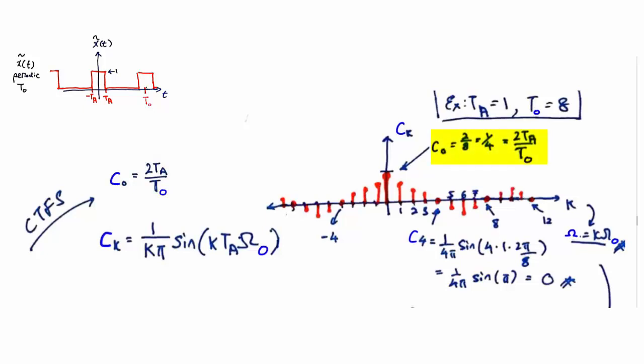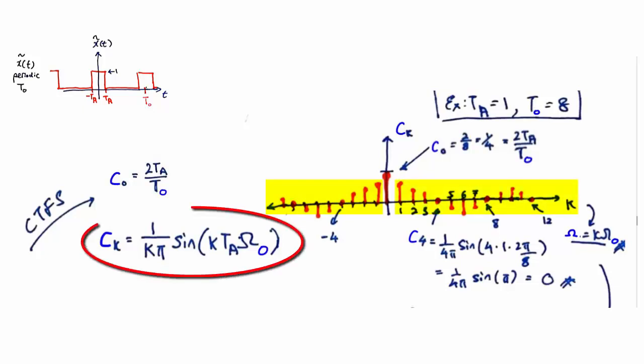C0 is equal to 2Ta divided by T0 in this example, and the rest of the Ck values, for k from minus 1 to minus infinity and k from 1 to infinity, are given by this equation: 1 over k pi multiplied by sine of k times Ta times omega naught.